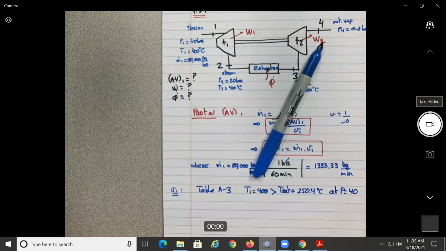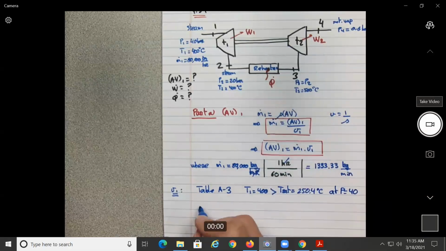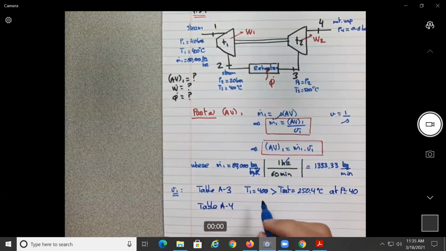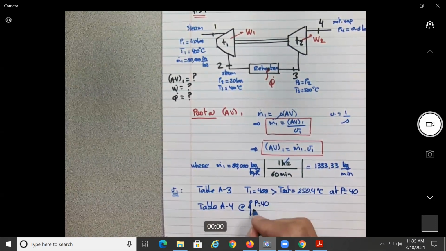Now that means we need to go to which tables? The table of the superheated, that will be table A4, at P equal 40 and T equal 400.